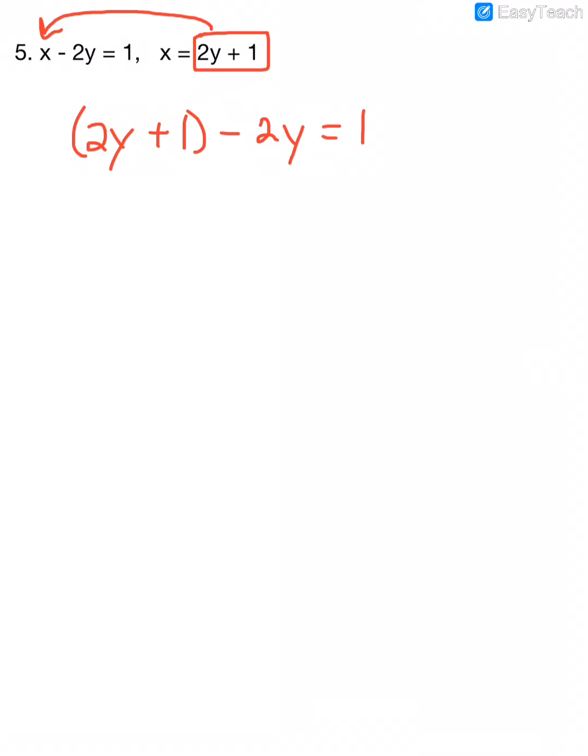In this case, it really doesn't matter because there's nothing in front of the parentheses, and I can just erase the parentheses and nothing changes. But say, for example, if I had minus x right there, when I plug something in for x, there's a minus sign in front, and I would have had to distribute that minus sign into the parentheses.